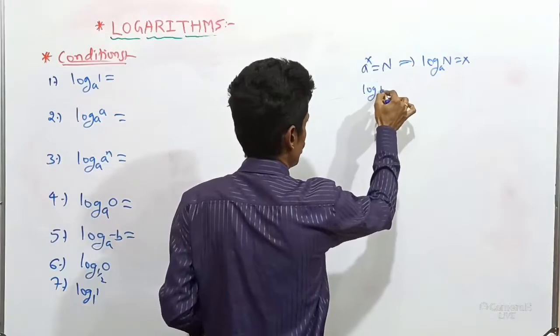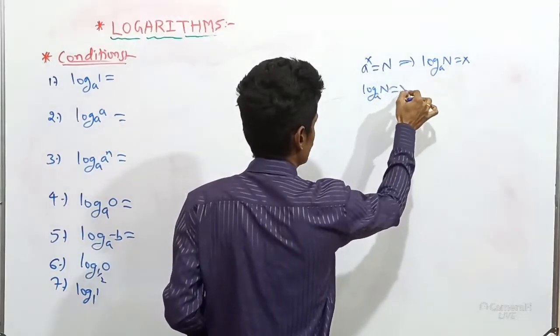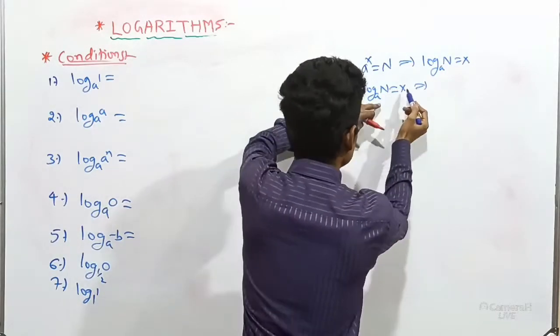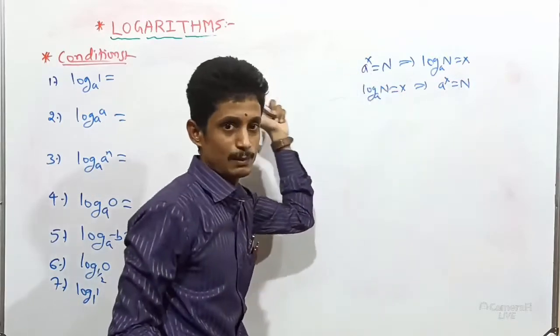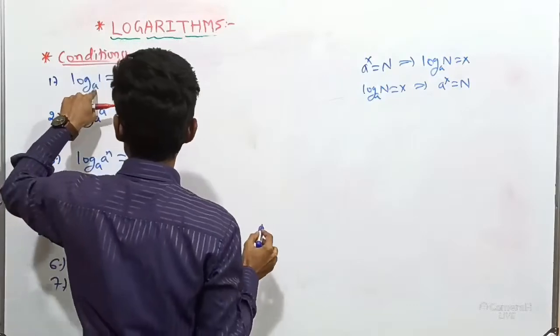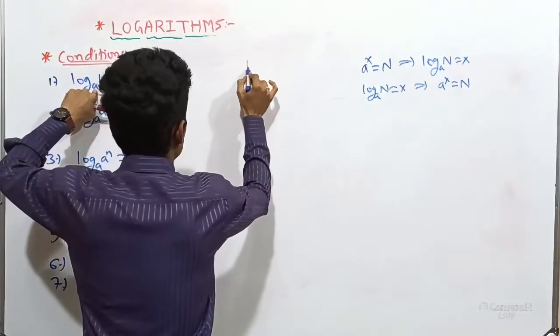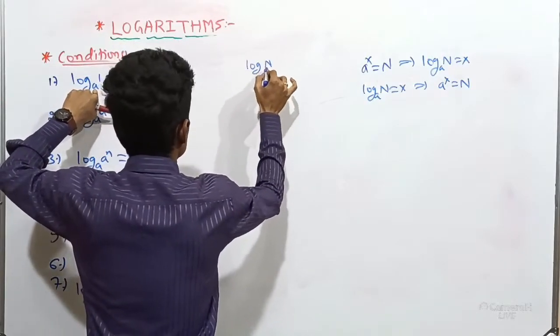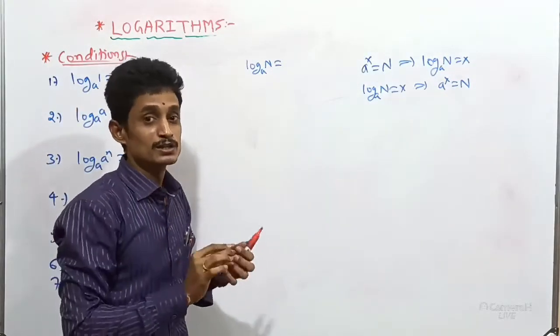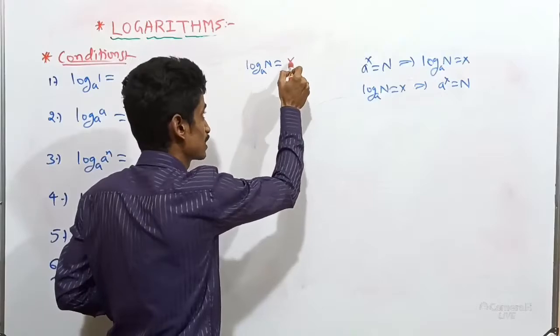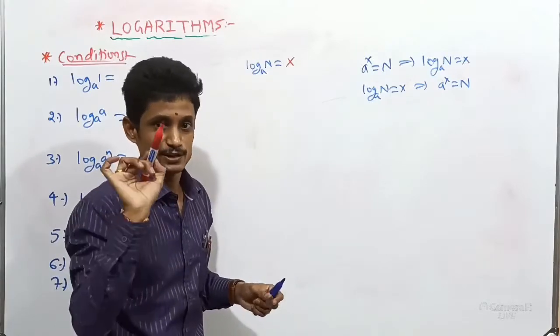When we have log n to the base a equal to x, then of course we write a will lift to x, that is a power x is equal to n. Apply this one. Here I have log 1 to the base a equal to what I don't know. That answer I will consider as x.